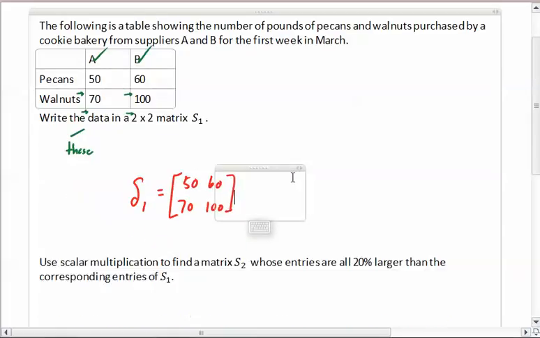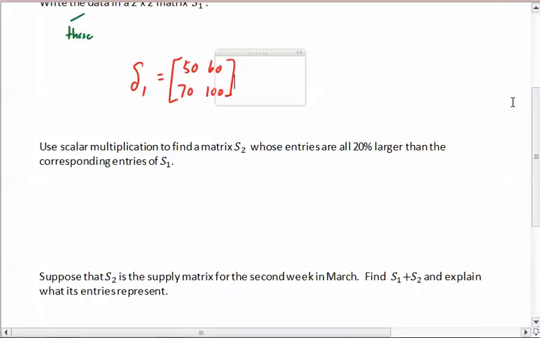Okay, so there's that. Use scalar multiplication to find a matrix called S2 whose entries are all 20% larger than the corresponding entries of S1. So I want to take S1 and multiply by a scalar of what? How do I increase something by 20% in one step?